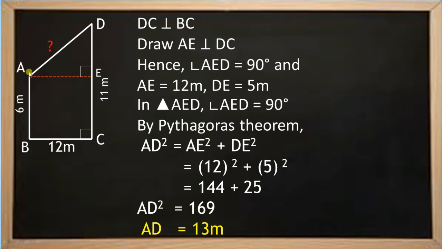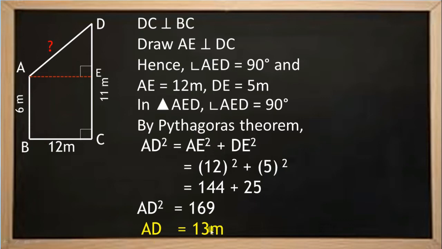Which are the other two sides? AE and DE. So AD square equals AE square plus DE square. Consider AE as 12 and DE as 5. 12 square is 144, 5 square is 25, AD square is 169, hence AD will be equal to 13 meter.